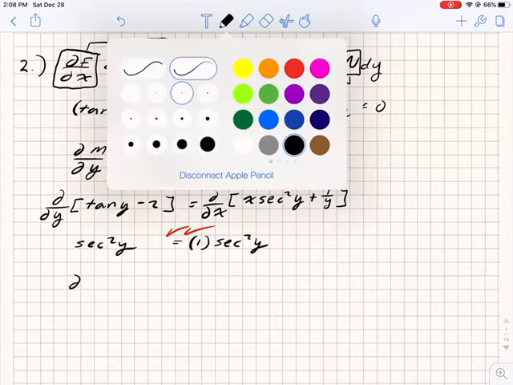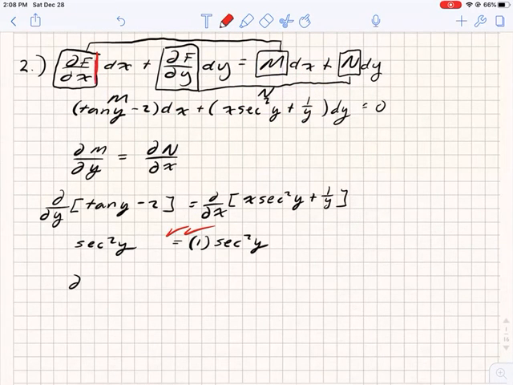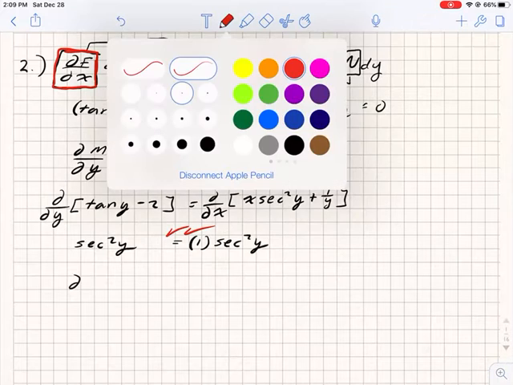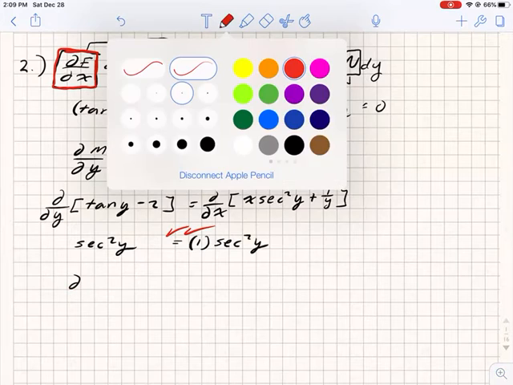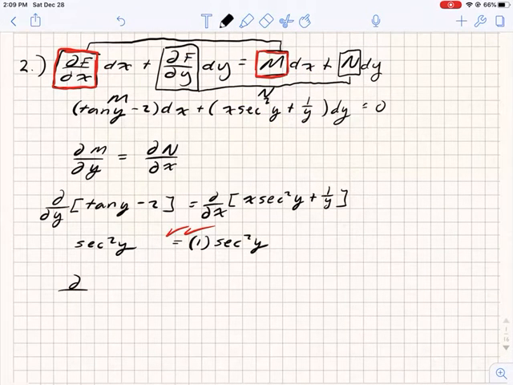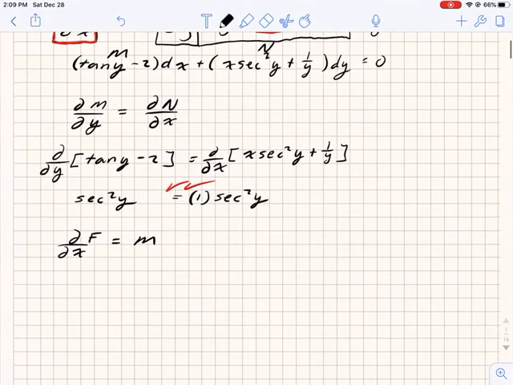This says that, let me use a different color. The partial derivative of f with respect to x is equal to m. So let's plug in what m is.